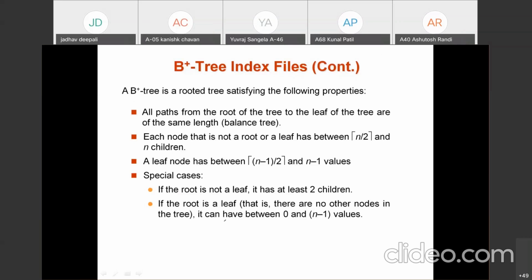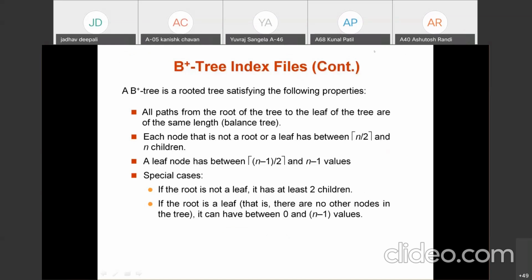Okay, so it is represented like this. This is the structure of the node that we are going to see in detail.